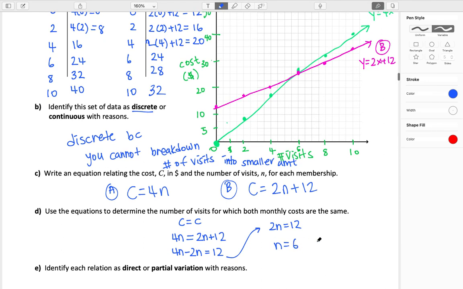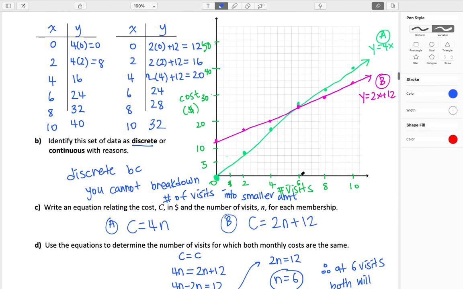So what does that mean? It means that N, which is the number of visits, so at 6 visits, both will cost the same. Okay, so you will notice that when you look at the graph over here at 6 visits, what do you notice?